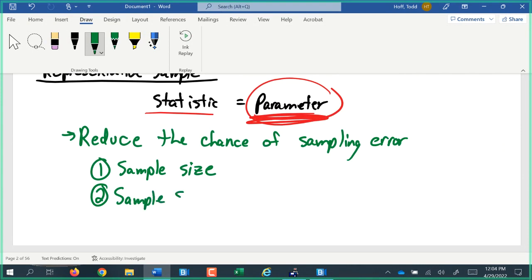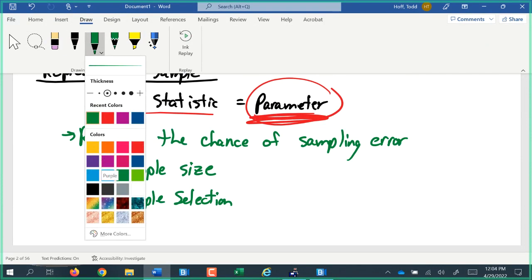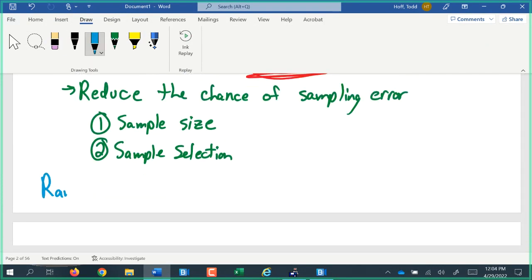The other big thing is sample selection. How we choose the sample is important. And the term that is often used here is called random sampling.